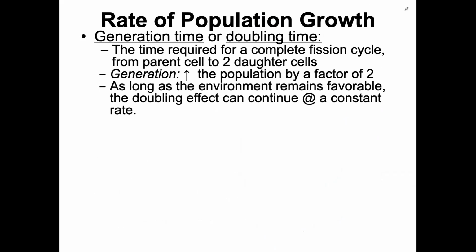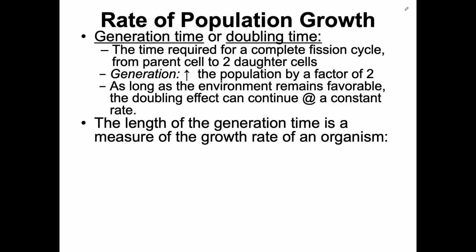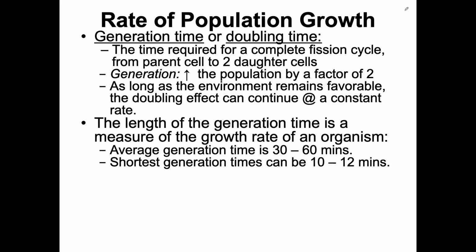If the environment is always good, the doubling time can continue at a constant rate, and there are ways to set that up. The length of the generation time is a measure of the growth rate of an organism, how fast it reproduces. Average generation time is between half an hour to an hour. Shortest generation times are between 10 and 12 minutes.